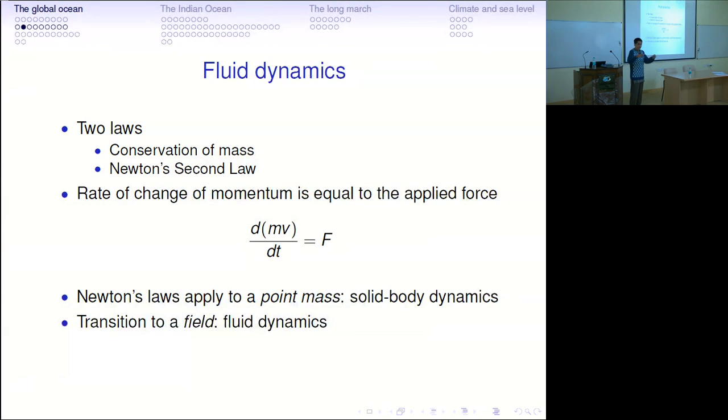Let's say I have a certain temperature T1 here, and a certain temperature T2 out here. And I have a flow from T1 to T2. When the parcel of water moves from T1 to T2, its temperature has to change. Now this is not something you encounter in solid body dynamics, because in solid body dynamics this is an entity.